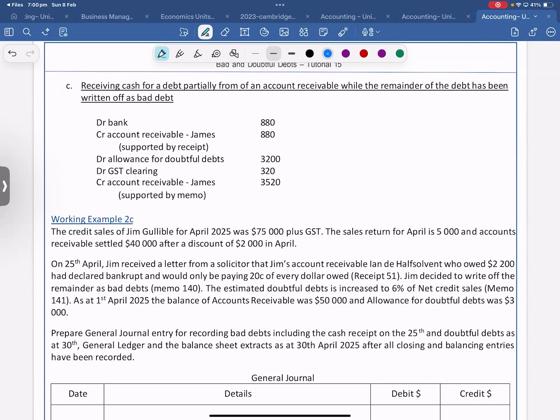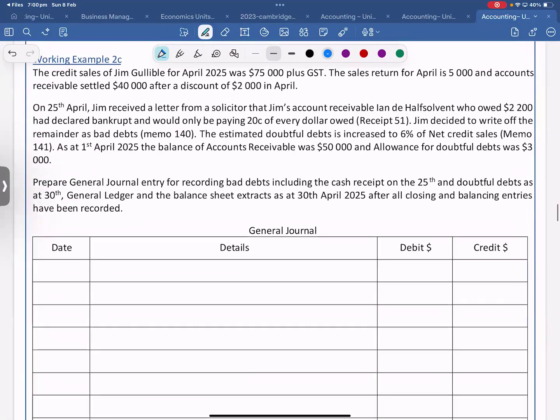Debit bank, how much? Debit bank 440. Just checking, how much cash did we receive? 20% of 2,200 is 440. Good. Shall you write it? What's the date? 25th April.